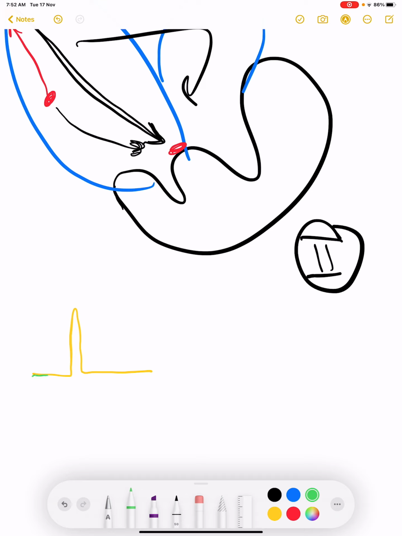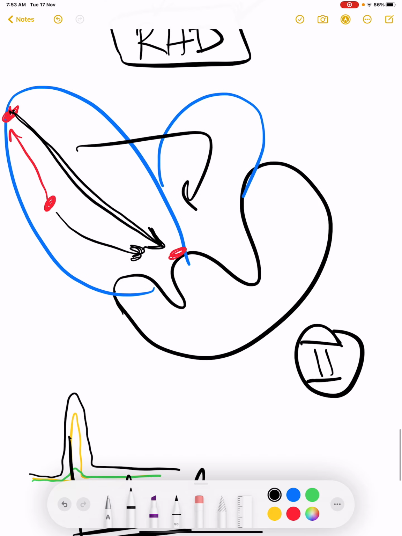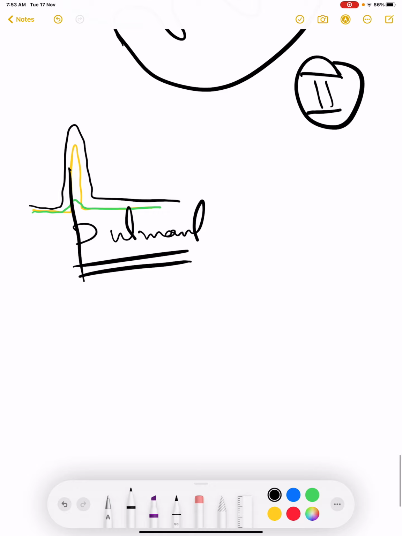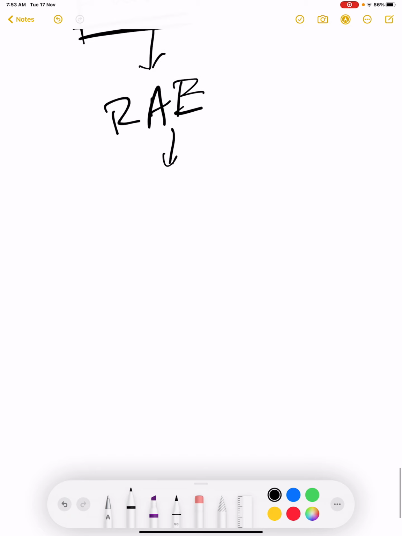On the left side, the P wave was normal, and overall we will be getting a tall P wave. This tall P wave is called P pulmonale. We call it P pulmonale because it is on the pulmonary side, and P pulmonale represents right atrial enlargement.